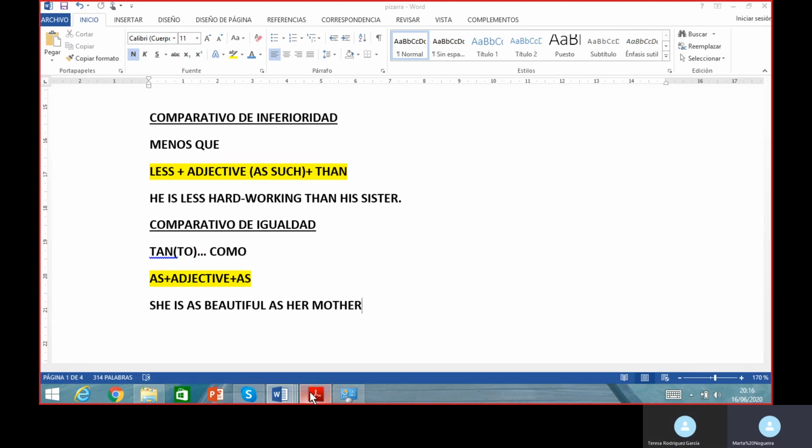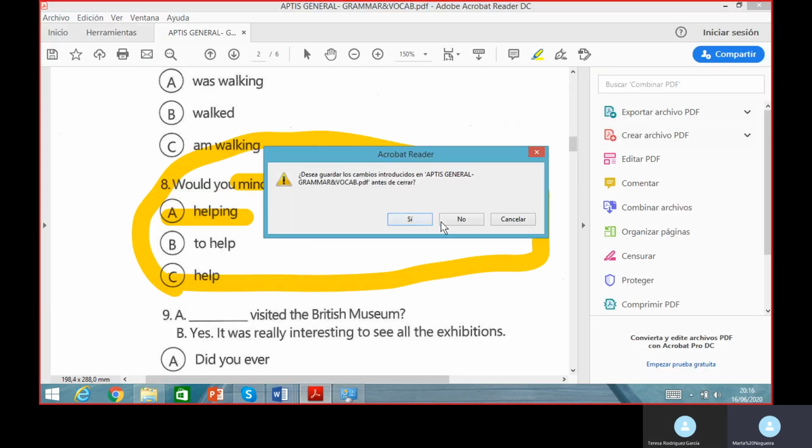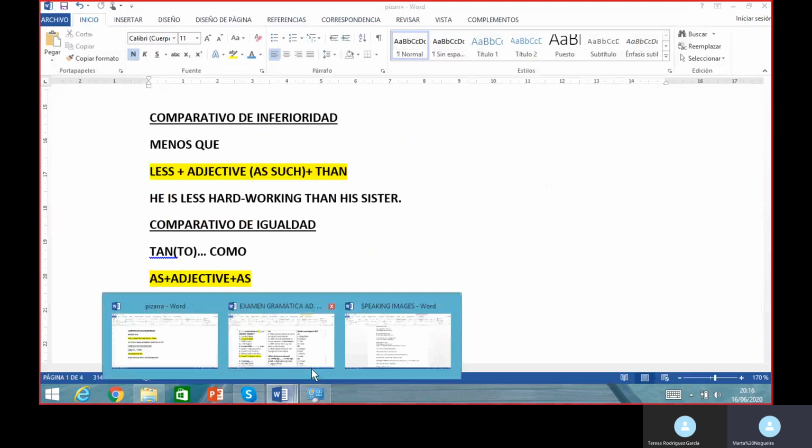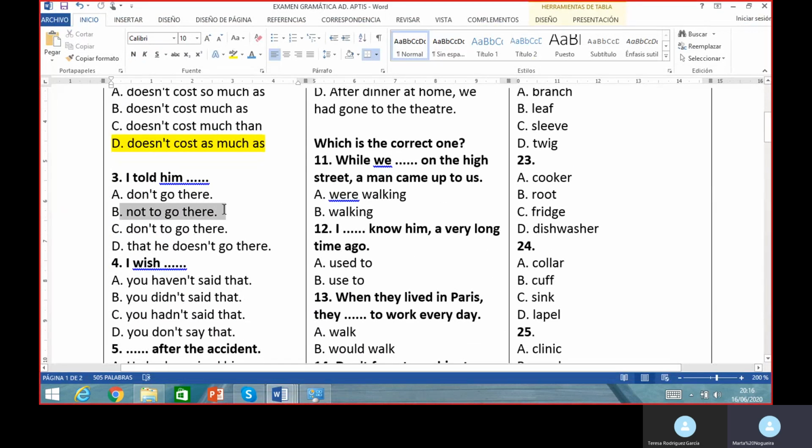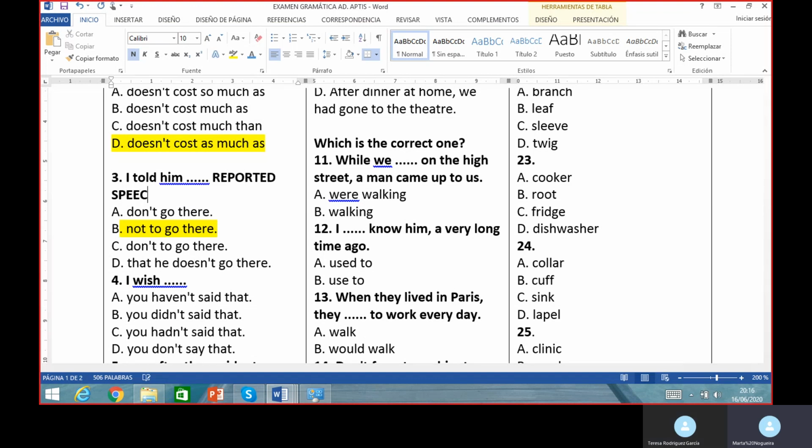So this, for example, was the comparative that we are seeing here. Let's see. I told him not to go there. This is reported speech.